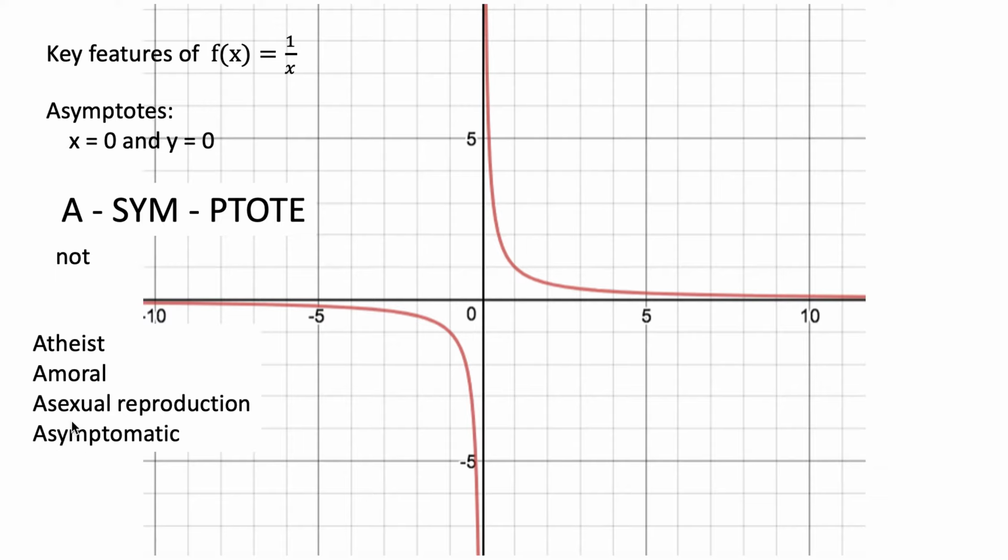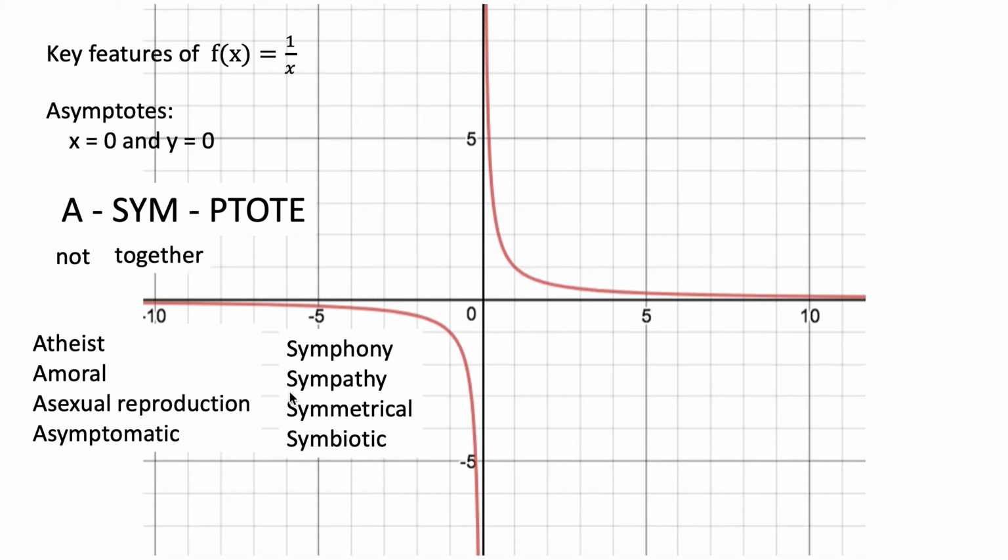The sym part means the same thing it means in sympathy, symphony, symmetrical, symbiotic. Symphony you hear together, sympathy you feel together, symmetrical you measure together, symbiotic you live together. This is together.